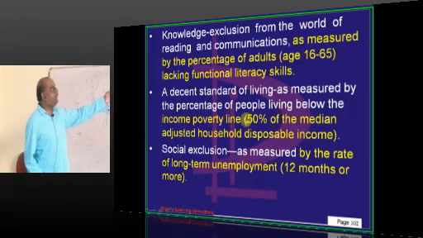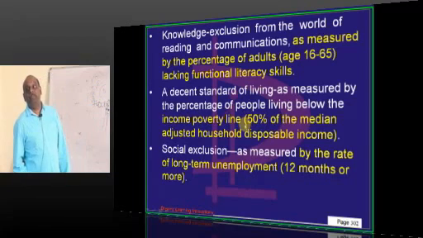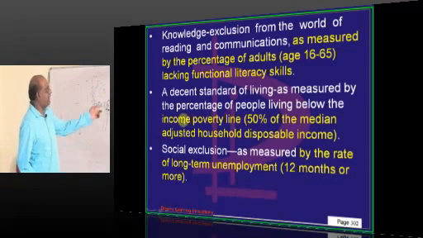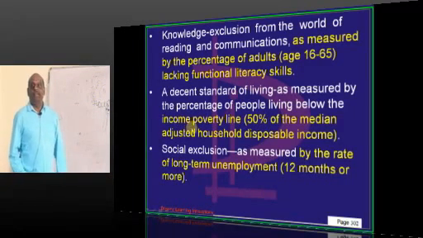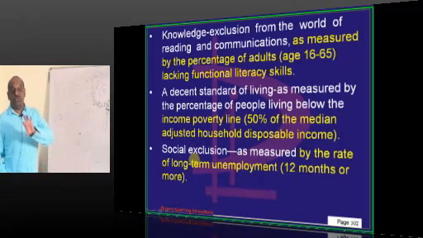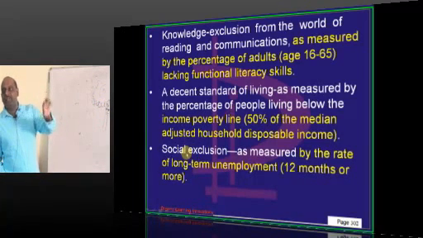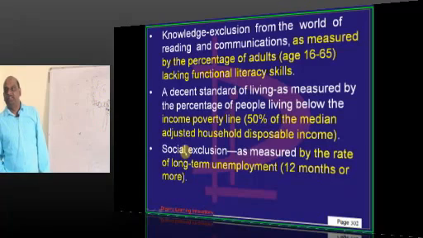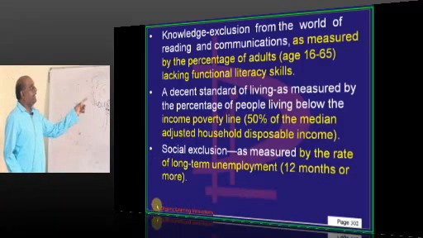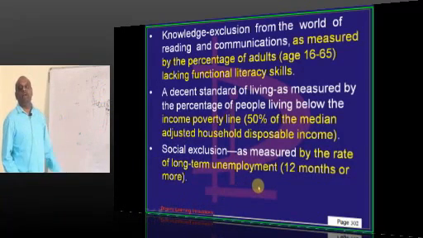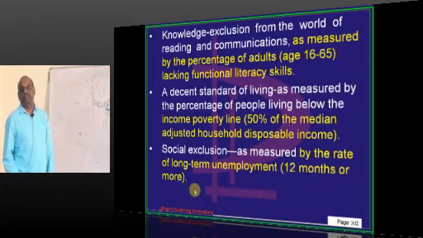How many people are below the poverty line? BPL group is an important indicator. Then they included one social exclusion parameter in HPI 2. What is that? The rate of long-term unemployment for 12 months or more.